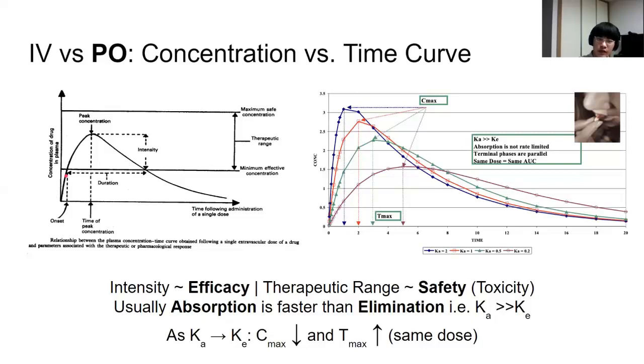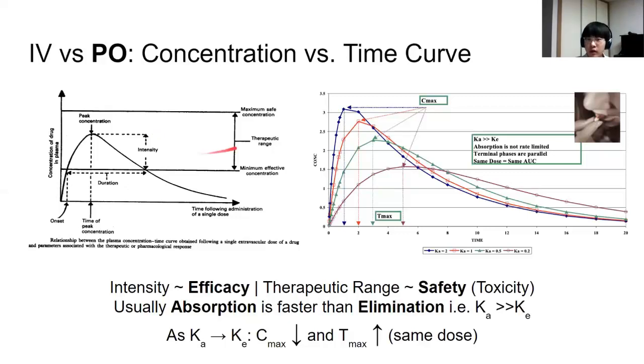There's a range, as I said before, the effective range, where there's a maximum safe concentration and a minimum effective concentration. In this range, the drug is very effective inside our body, and the height of the peak concentration above the minimum is also called the intensity, or the maximum intensity.